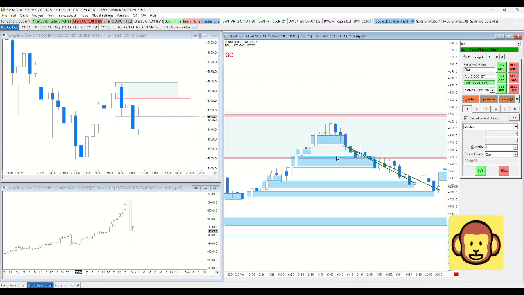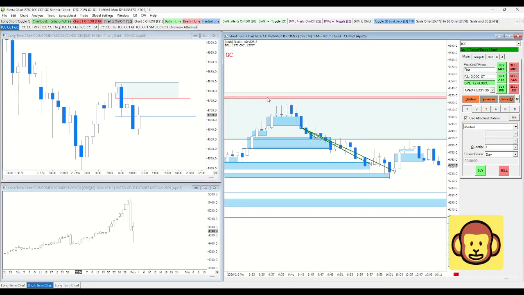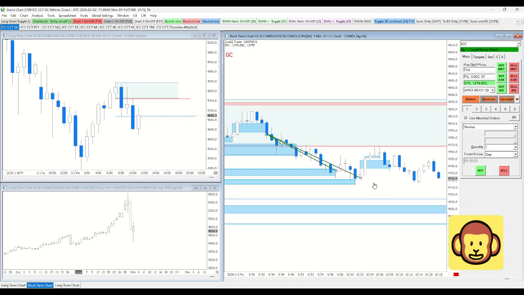My area of interest was actually a little bit lower. I think this was a bit of a FOMO entry, to be honest, because I entered a little bit too early. This wasn't great, because we had this turnaround. What I could have done is waited for the full change of structure here.